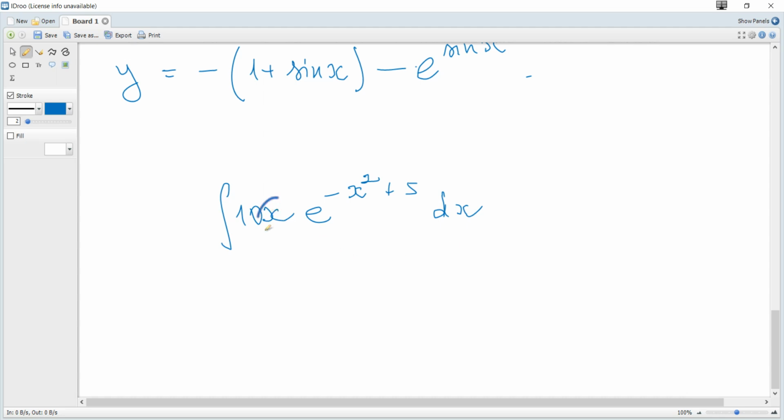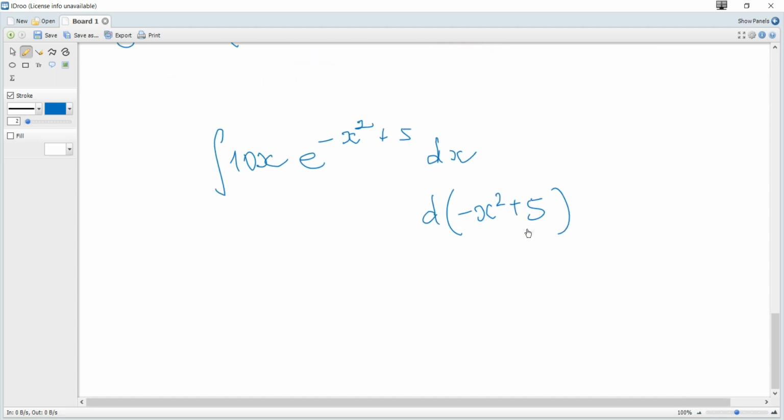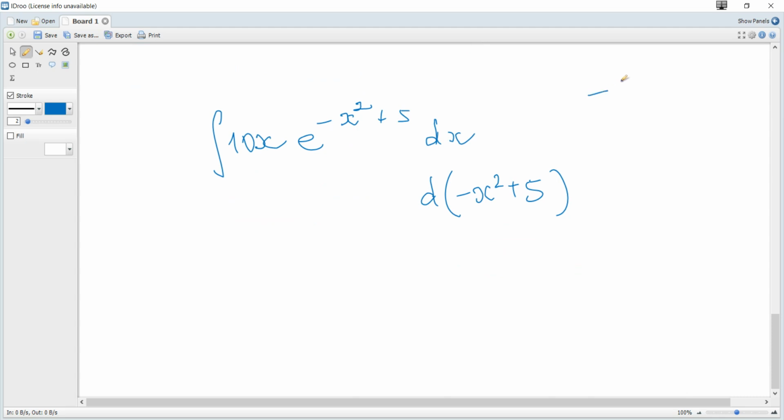You understand that the derivative of x squared is 2x, but we should fit coefficients, so we can consider the derivative of negative x squared plus 5. And what is the derivative? It's negative 2x, and the derivative of 5 is just 0. So you can see that if you take the derivative, negative 2 arises.